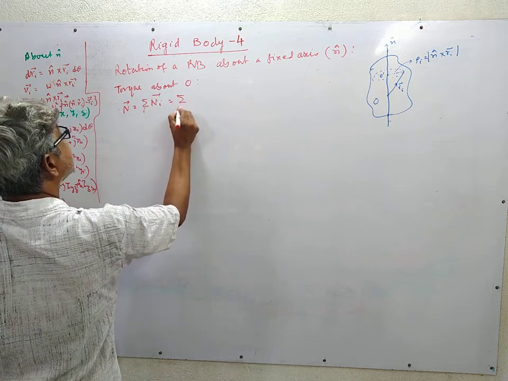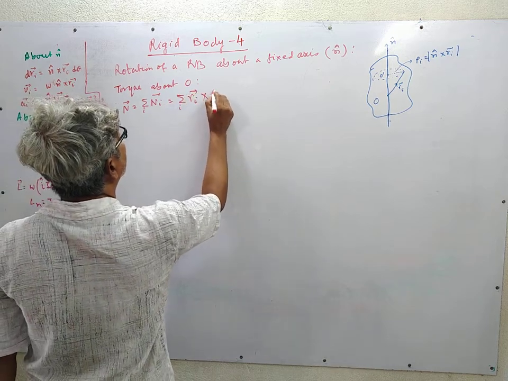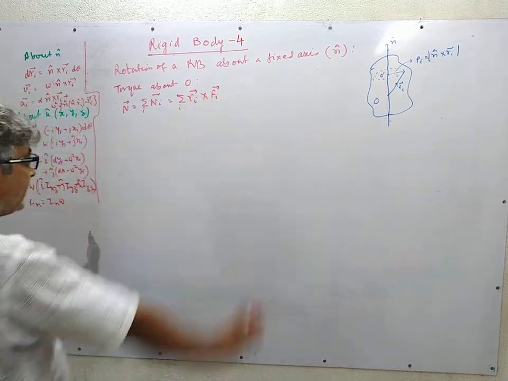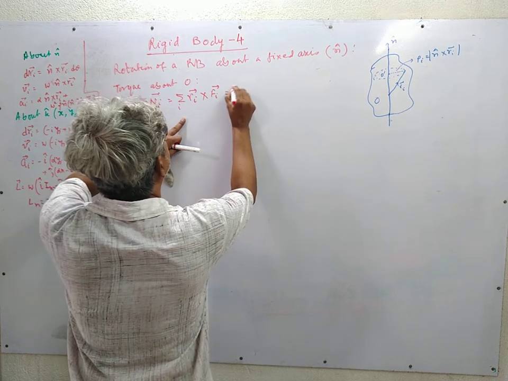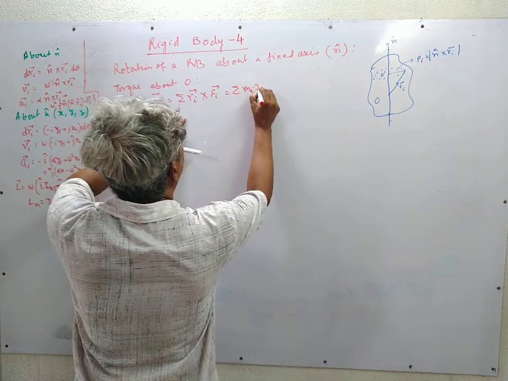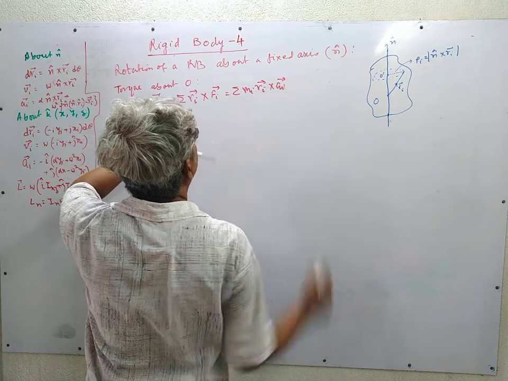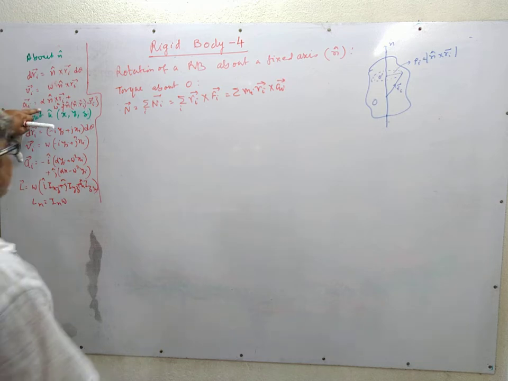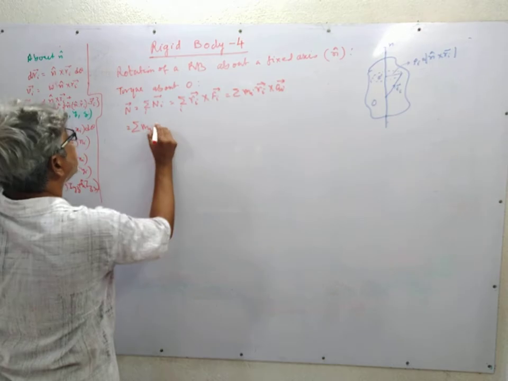This is defined as the summation over i of r_i cross F_i. The internal forces do not contribute, so we write it as the summation over m_i r_i cross a_i.